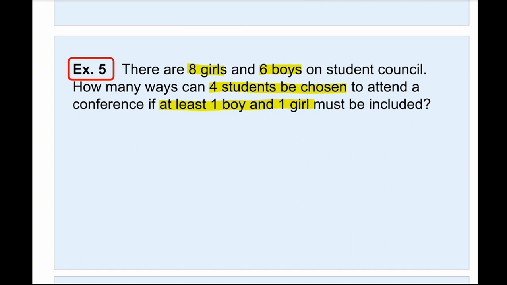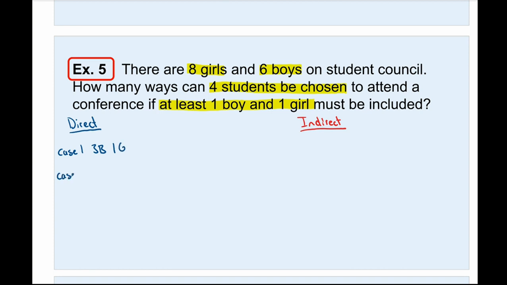So in this type of question, there are multiple scenarios that we have to think about. And there are 2 different ways we can do this, similar to what we've looked at before in other types of questions. We have a direct way and we have an indirect way. Let's start with the direct way. Because it's talking about at least 1 boy and 1 girl, in this case, case 1, I have 3 boys, 1 girl.